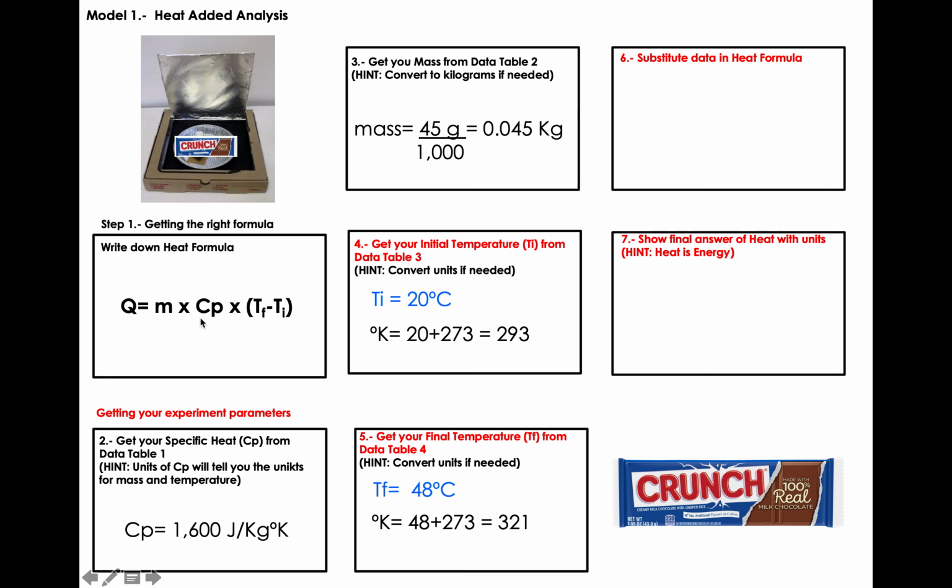Then we had to substitute in the original formula all the data that we have. And so Q, that is heat, equals 0.45 times 1600 times the subtraction of 321 minus 293. Solving the parentheses is 28 and multiplying all this is 2016.